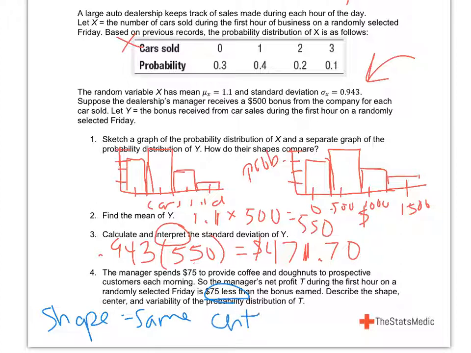In this case, I'm subtracting by a constant, so my center, which is my mean, is going to go down by $75. So my mean now is $475. And then because I'm subtracting by a constant, my standard deviation does not change. My variability or my spread stays the same at that $471.70.